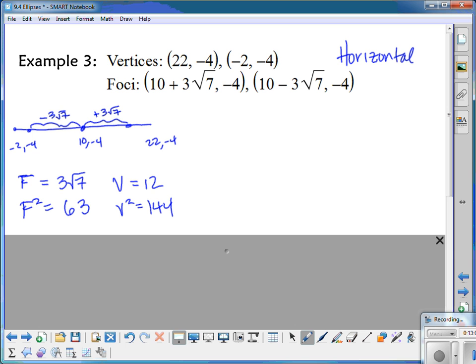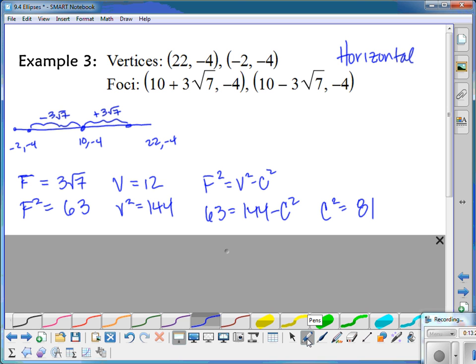So then I can use the relationship that I had of f squared equals v squared minus c squared. So 63 equals 144 minus c squared. And so I get that c squared is 81. So now I have everything I need.